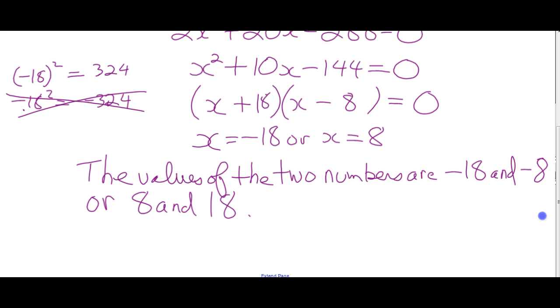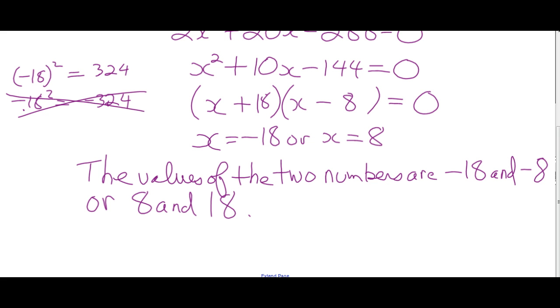This one does the exponent first. It's going to square the 18, and then multiply by negative 1, because you're really saying negative 1 times 18 squared. So it squares the 18 and then makes it negative, which is wrong. We don't want that. Anyways, if you square negative 18 and add the square of negative 8, you get 388, and if you square 8 and square 18, you get 388.